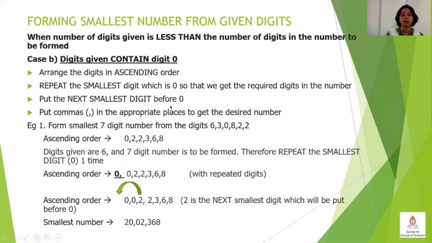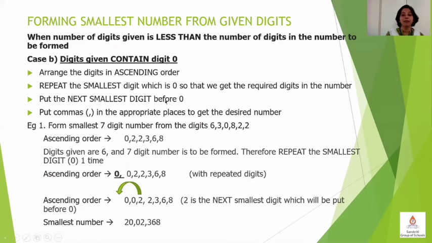Please remember students, whenever we have to form the smallest number, our first step will always be arranging the digits in ascending order. The next step is we are going to repeat the smallest digit. And here, since 0 is there, obviously the digit 0 is going to be the smallest digit, which we will repeat.